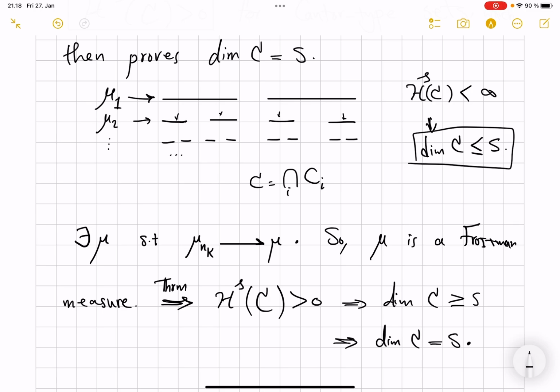So that is usually the first time people see Frostman measure. This is very closely related also to the mass distribution principle. What I was doing here in constructing mu n was just to distribute the mass of 1 among the pieces.